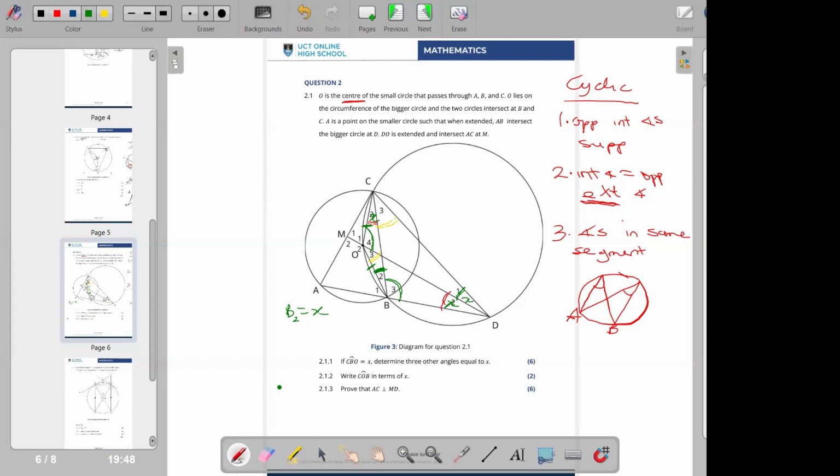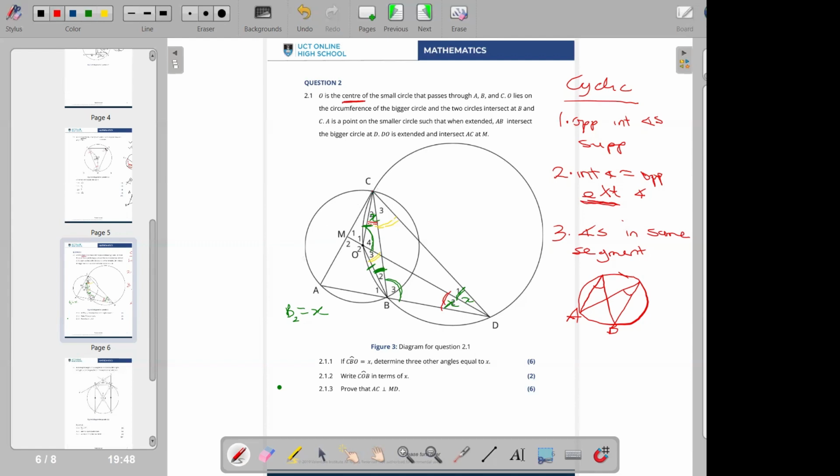No. Let me try to draw the shape. Let me choose red. We are saying we are having a cyclic quad.